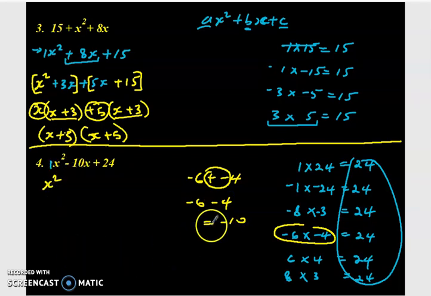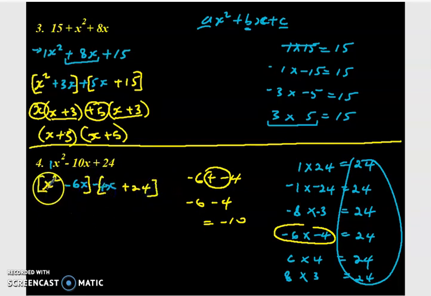So we're going to substitute minus 6x minus 4x for the minus 10x. Right, and we'll put back our plus 24. Factor each of these. So x is common to both x squared and minus 6x. Factor out x, and x remains, minus 6.